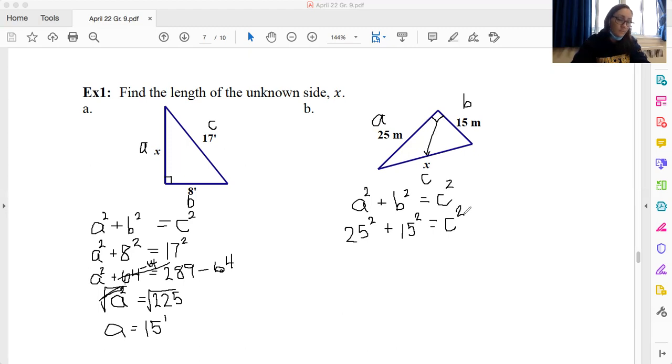Okay. So we know to do our exponents first, so do 25 squared first. Don't be adding. Okay, so 625, and then 15 squared is 225.